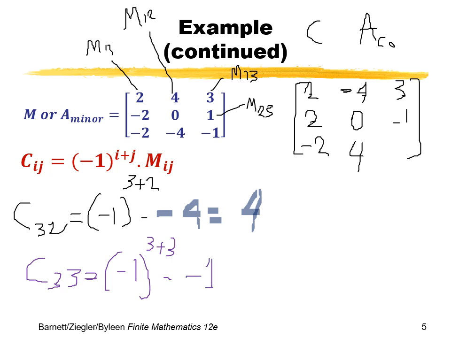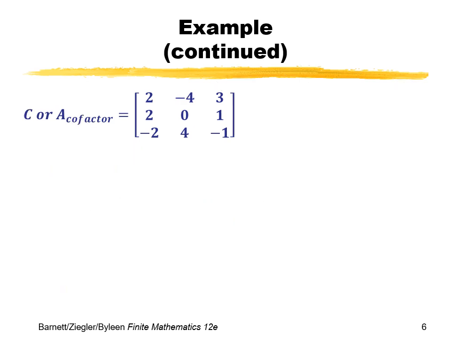So we have -1 by power 6 equal +1. +1 times -1 equal -1. And now we got the cofactor matrix or a cofactor. This matrix will be called C or a cofactor.